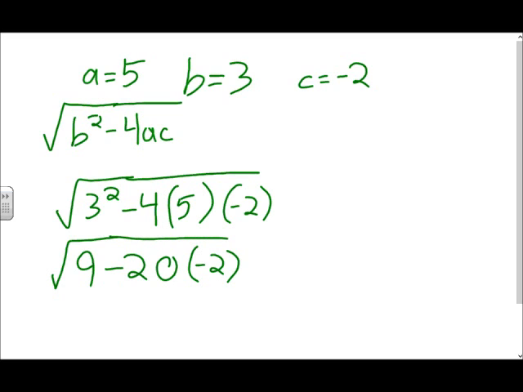Then keep going with this, and you get 9 plus 40. And then one more time, you get 49. And then, so you have to find the square root of 49.